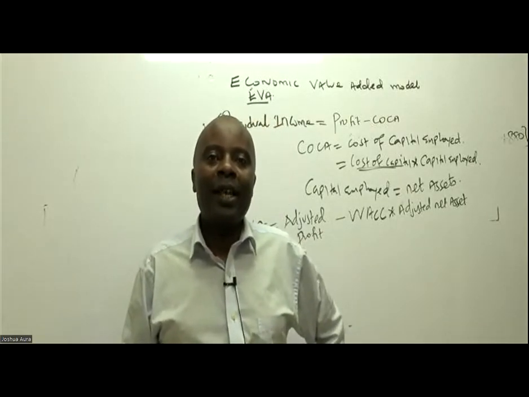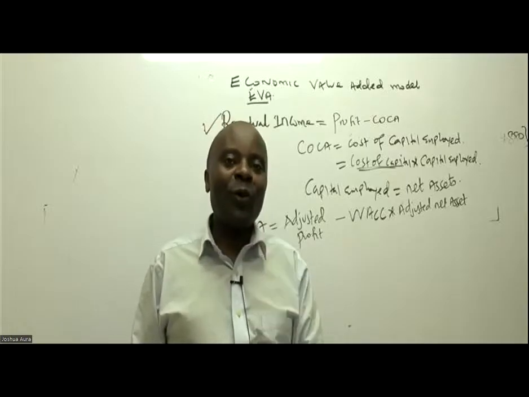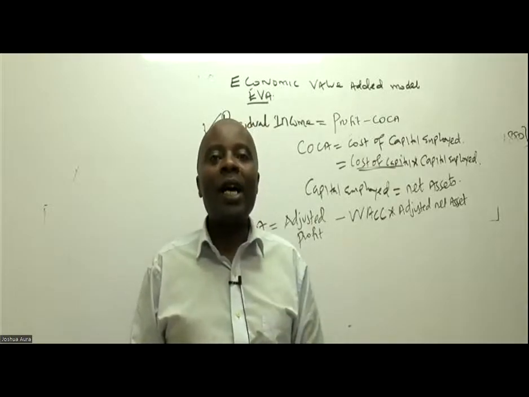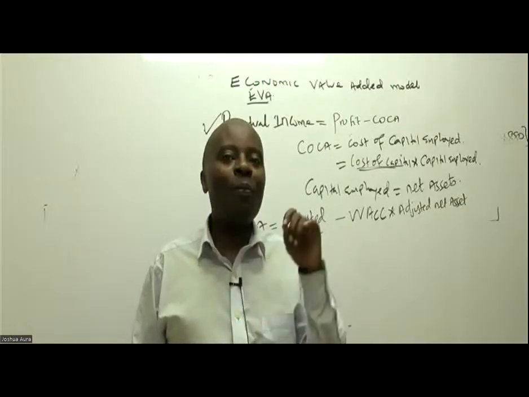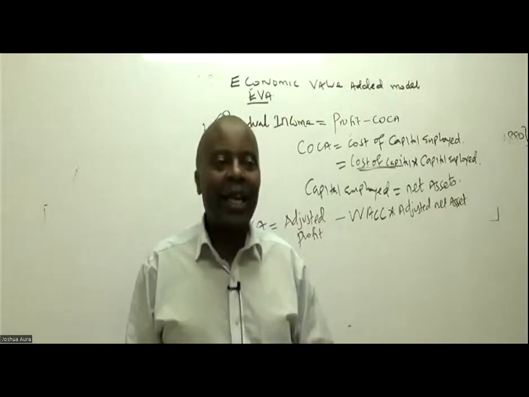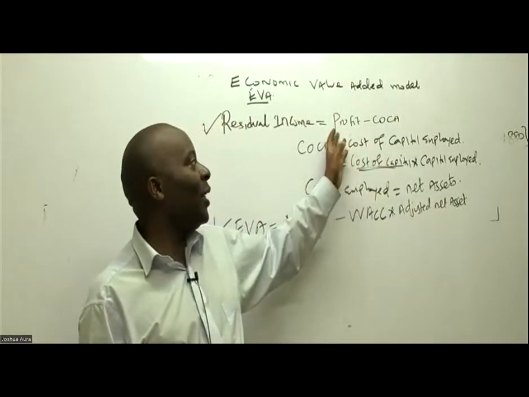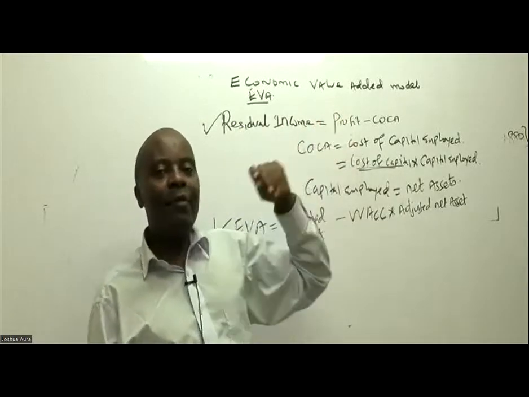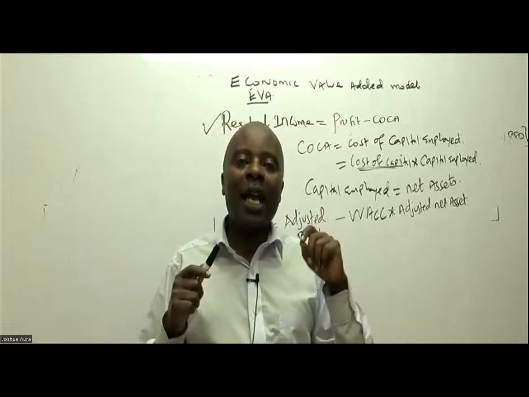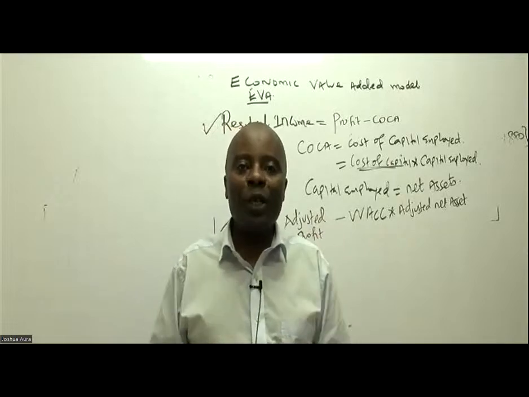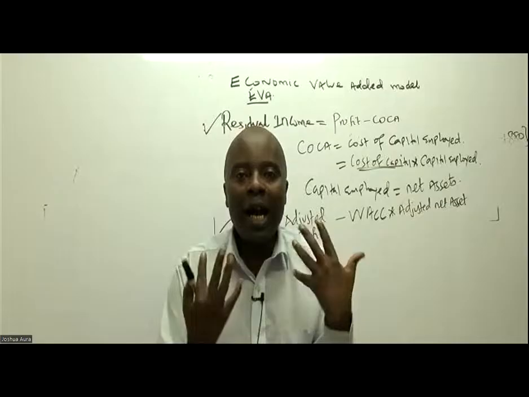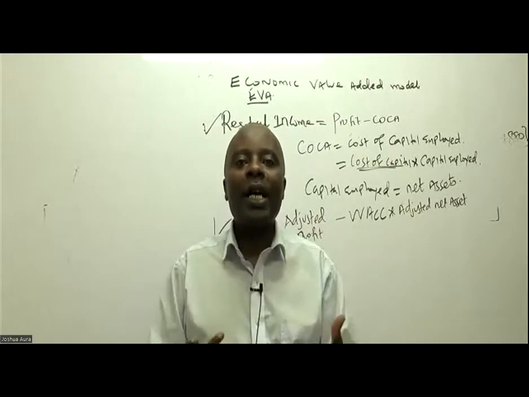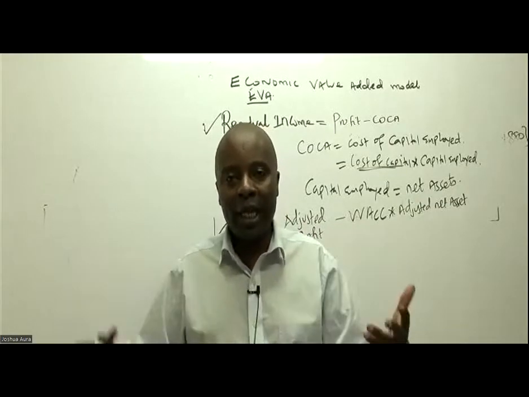Right. And then the other thing that you're supposed to know is that EVA is a cash flow based model. Unlike residual income, which is purely historical, which is purely profit, EVA is a cash flow based model. And that is where we add all the non-cash operating expenses.